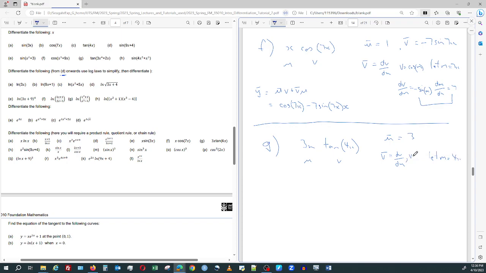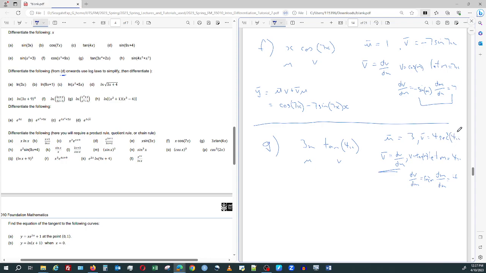V will be equal to tan m. dv dm chained with dm dx will give us our v dash. sec squared m times 4. So v dash is equal to 4 sec squared 4x.